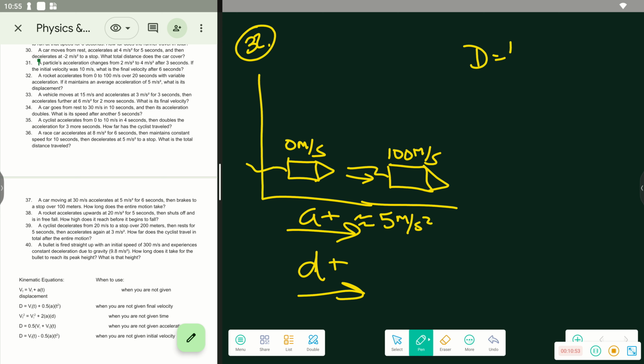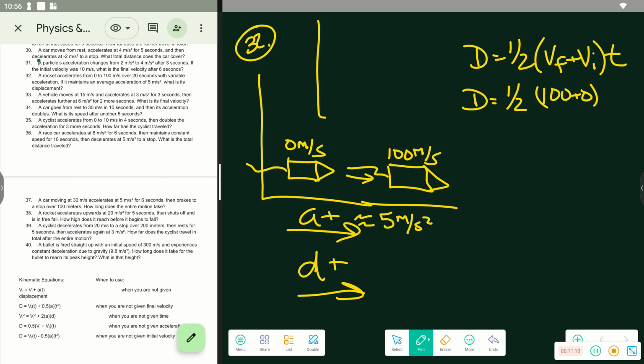I would use D equals 1/2 of VF plus VI times T. Okay, so D equals 1/2 of 100 plus 0. I forgot to do the chart, sorry.